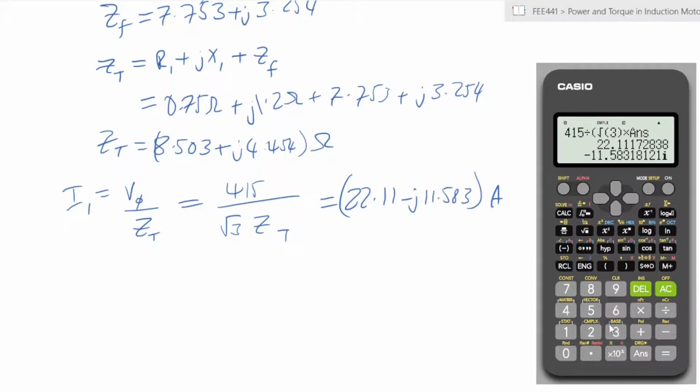So we'll convert the same answer into polar form, and that will be an equivalent form, 24.962 at an angle of negative 27.648 degrees, and these are amperes.